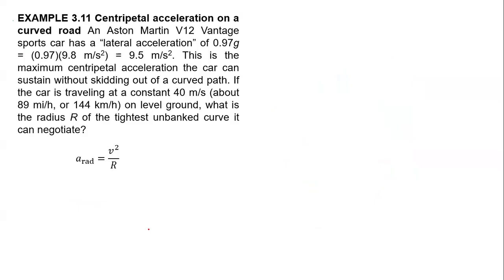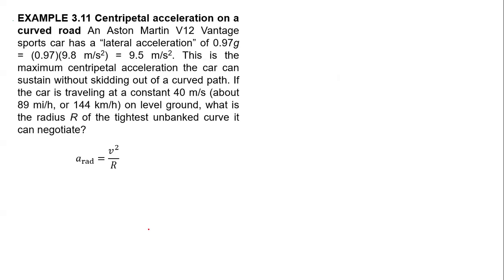So in example 3.31, this is the centripetal acceleration on a curved road. You have a vintage sports car that has a lateral acceleration of around 9.5 meters per second squared. This is the maximum centripetal acceleration a car can sustain without sliding out of the curved path.